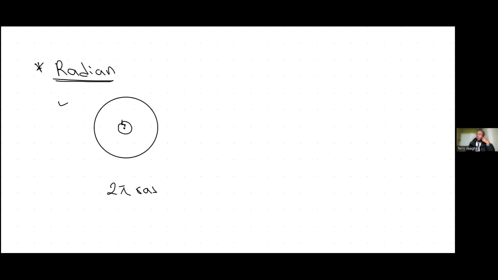That's what we get at the center here. So when you go all the way and you're back here to the center, it's 2 pi radian.